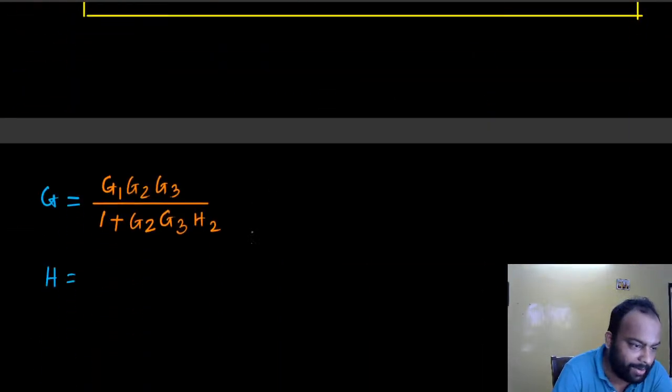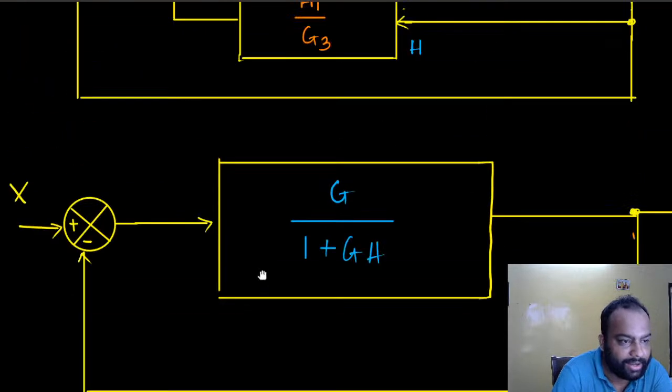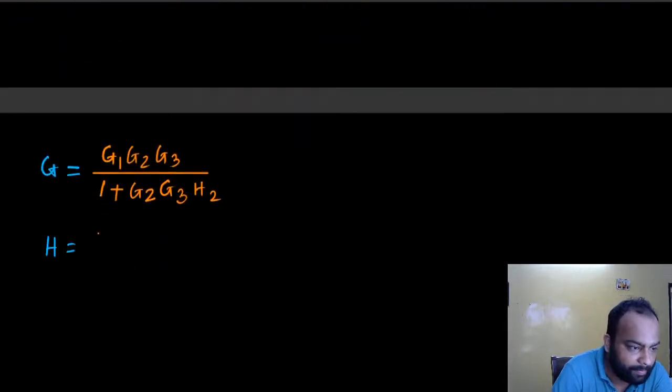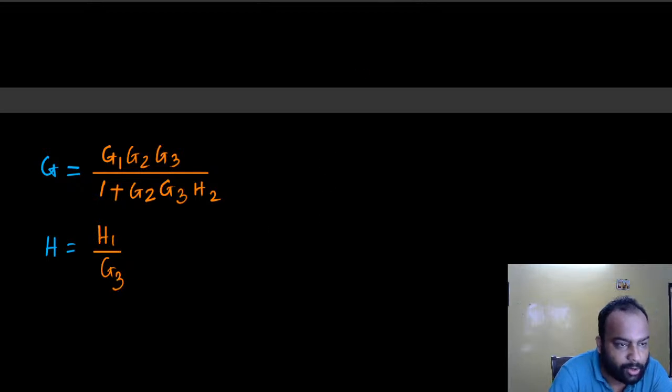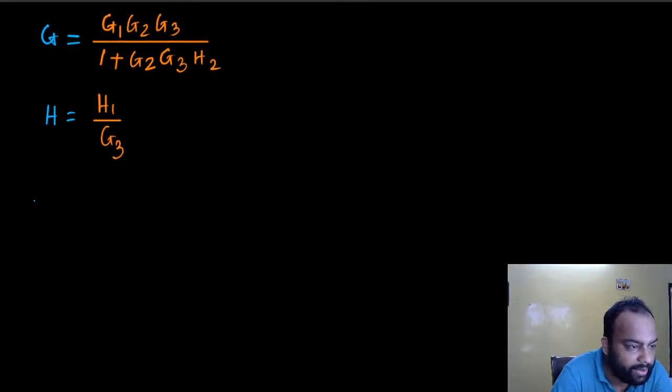You understand what trouble I'm facing right now, right? H1 by G3. So I want to calculate the equivalent transfer function, which is G by 1 plus GH.